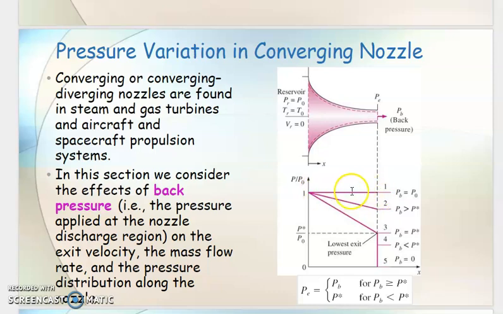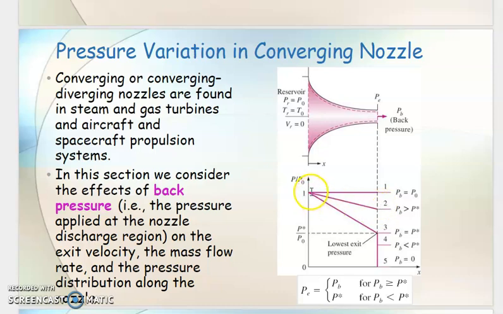The velocity will not move, and the air will not flow. And then you have the back pressure more than P star. This is P star. Here the back pressure at state number 2 is less than the back pressure at state number 1.